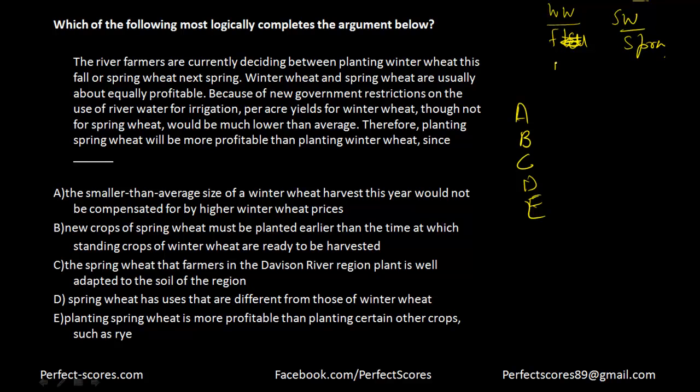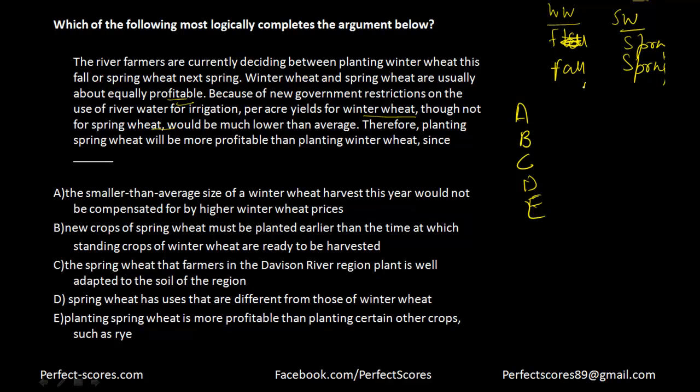Right, let me put fall here and this is spring. Now winter wheat and spring wheat are usually about equally profitable, so anything about profits, both of them are equally profitable. Because of new restrictions on the use of river water, per acre yields for winter wheat, though not for spring wheat, would be much lower.